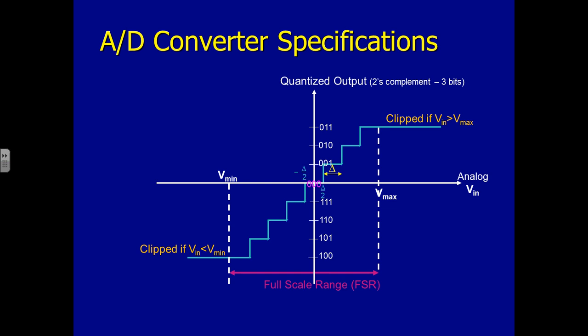I have 3 different bits that can represent the different quantization levels. That means I have 2 to the 3, or 8, different quantization levels. And so if my Vmin was minus 5 volts and my Vmax was plus 5 volts, I'd have a full scale range of 10 volts. And the resolution then would be 10 volts divided by 8 levels, or that many volts per bit, or volts per level.